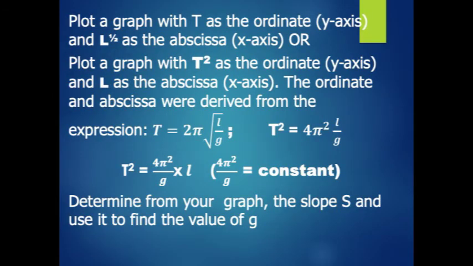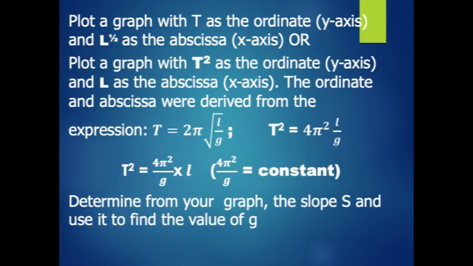The slope will now be used in an expression that is shown on the screen. The expression T square is equal to 4 pi square multiplied by L all over g.